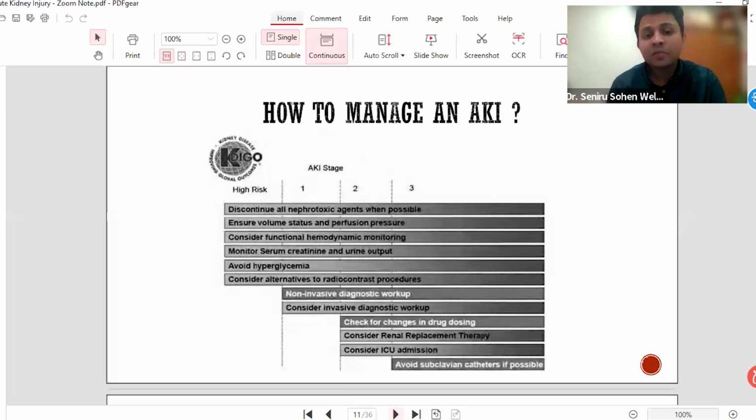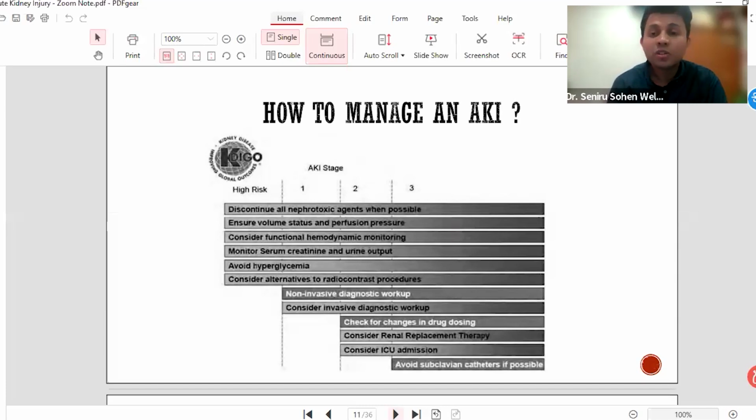Then you can consider functional hemodynamic monitoring, with regular monitoring of pulse rate and blood pressure. Monitoring of the serum creatinine and urine output is important because serial measurements are necessary to see whether the AKI is resolving or not.